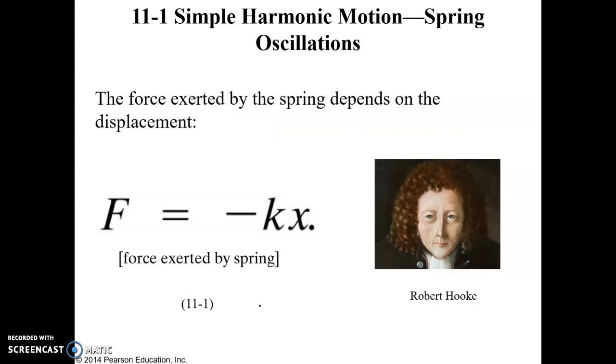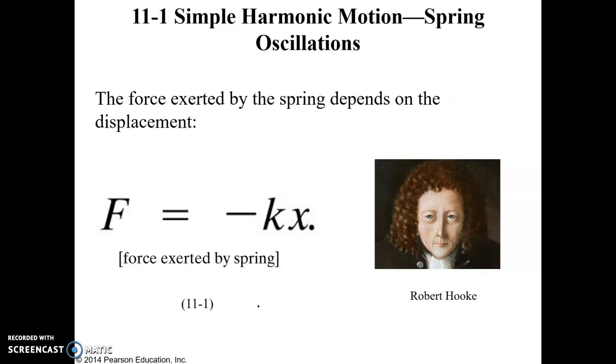So if we look at this situation in a little more detail and start to quantify this idea, we have to look at the spring energy, or the force required to stretch or compress a spring.